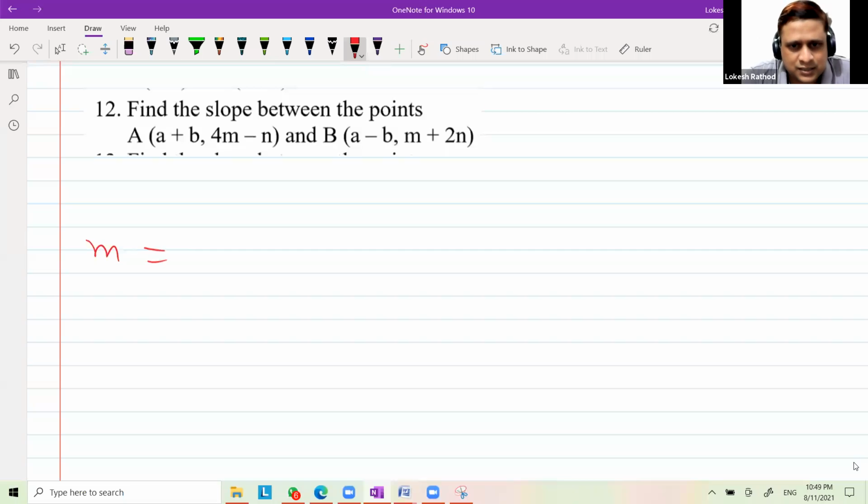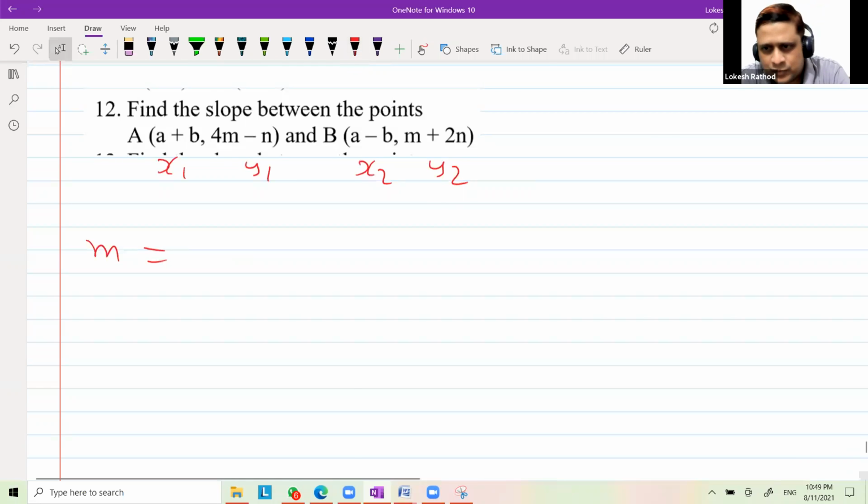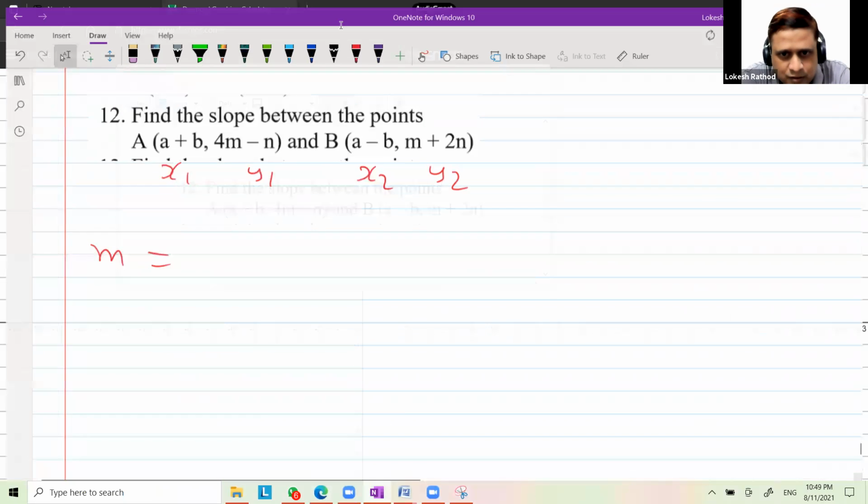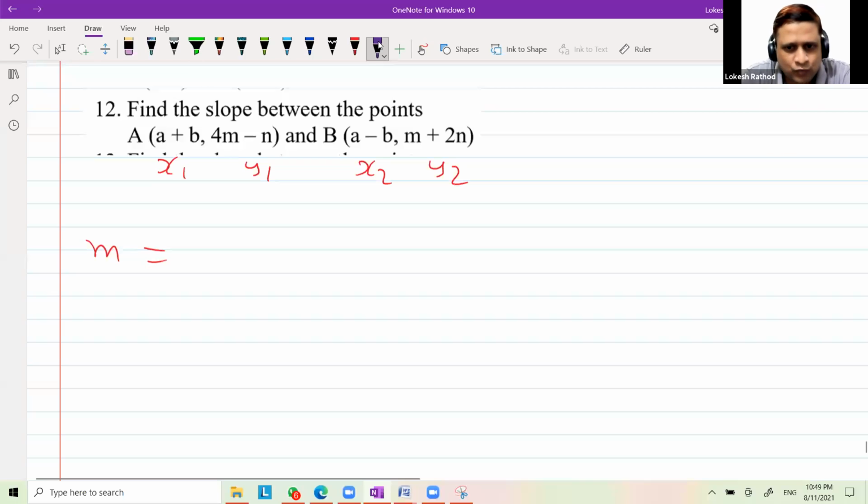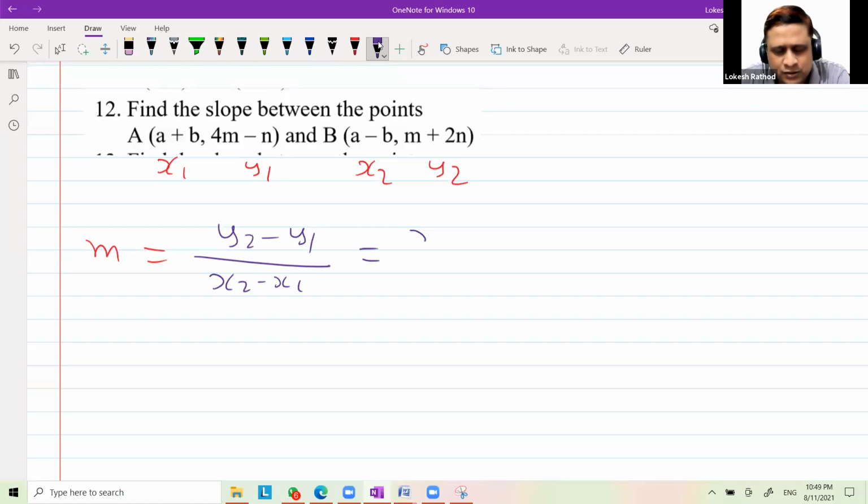Say this is x1, this is y1, this is x2, this is y2, right? Now, it was y2 minus y1 over x2 minus x1. That is, y2 is m plus 2n, y1 is 4m minus n.